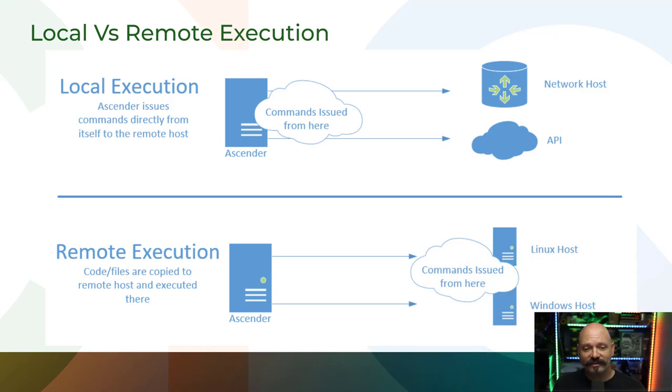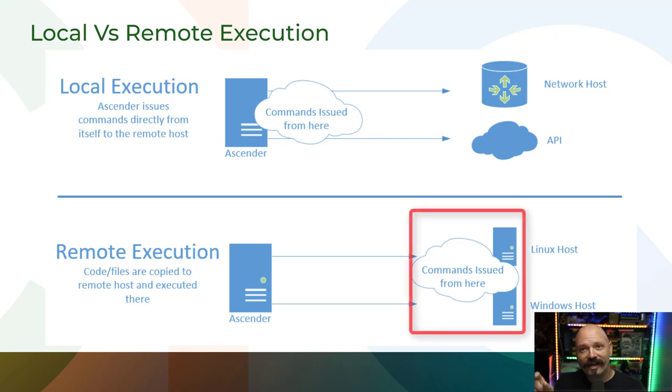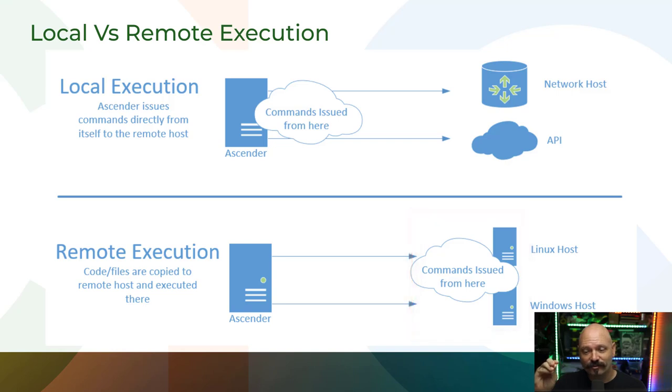Essentially, Ascender will take the modules, the Python scripts, or in the case of Windows, the PowerShell scripts. It copies them over to that host, executes it remotely, and then deletes those Python scripts when it's done.